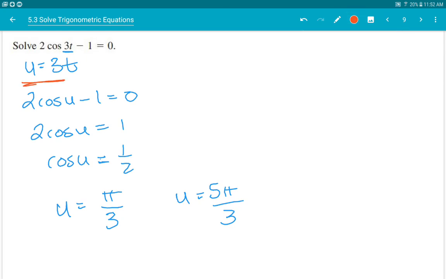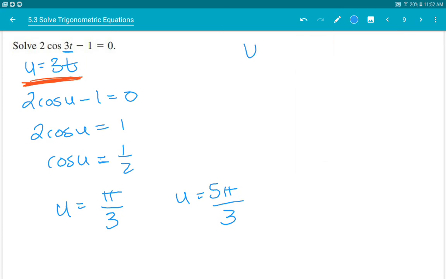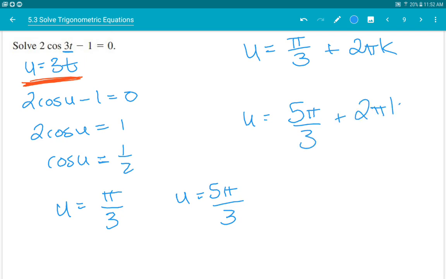So what I need to know first is that u is equal to pi over 3 plus 2 pi k, and that u is equal to 5 pi over 3 plus 2 pi k.